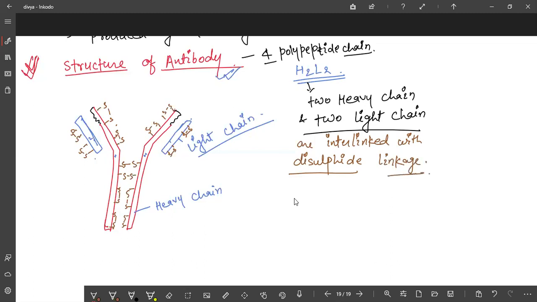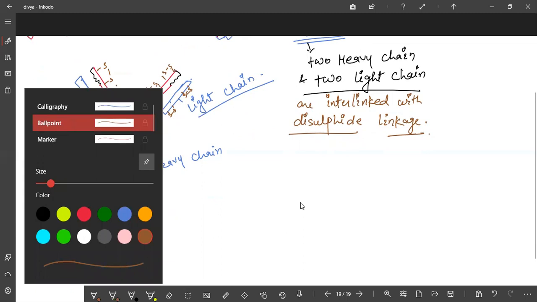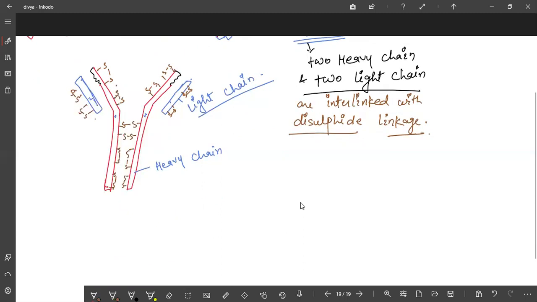Okay. Now, you will come to know that there are two terminals of heavy chain as well as light chain: N terminal and C terminal. So this end will be N terminal. And this is light chain, so here C terminal will be. Light chain is of short length.